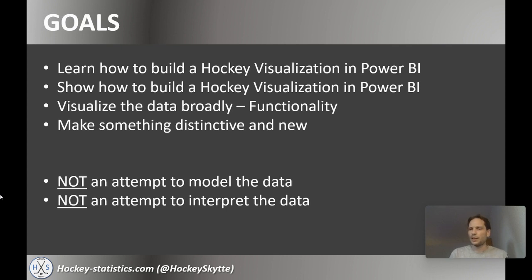But once you understand that you can look up literally anything from the entire data set within these few visualizations, the possibilities are almost unlimited. If you want to know the average shot distance for Kendall Coyne Schofield, you can just go look it up.